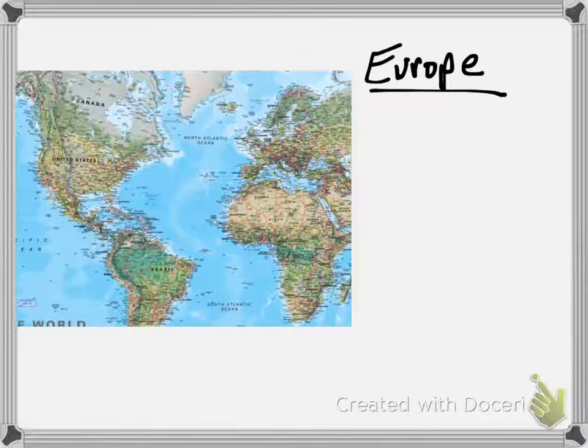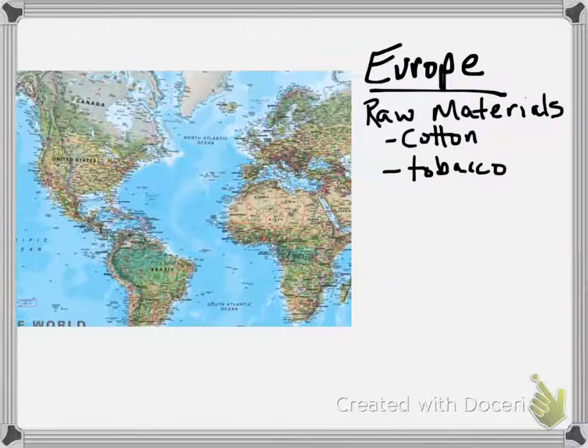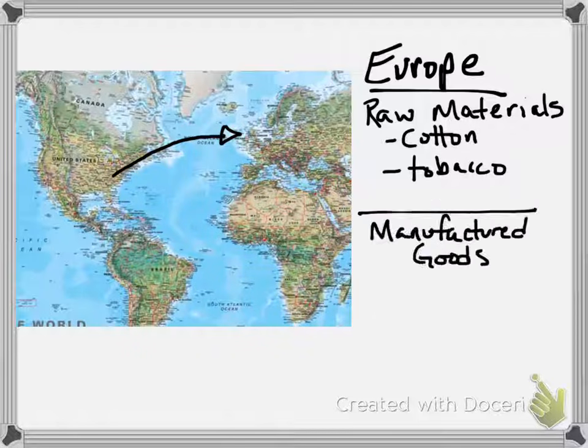The first part of the triangular trade that we'll talk about is Europe. Europe is right here. And what Europe really wanted was raw materials. Some common raw materials they wanted were cotton and tobacco, and they were getting those from the Americas. England had manufactured goods.